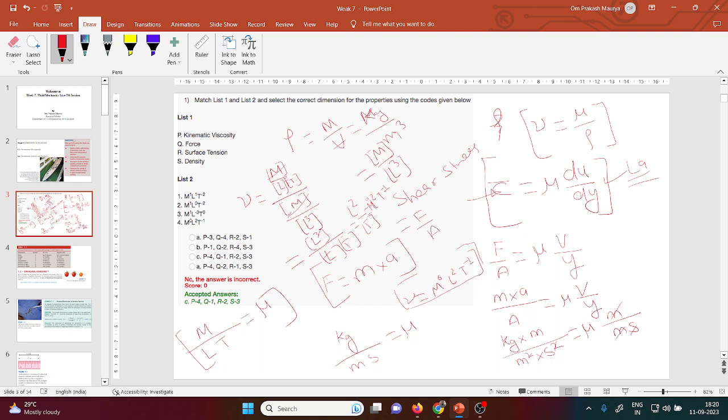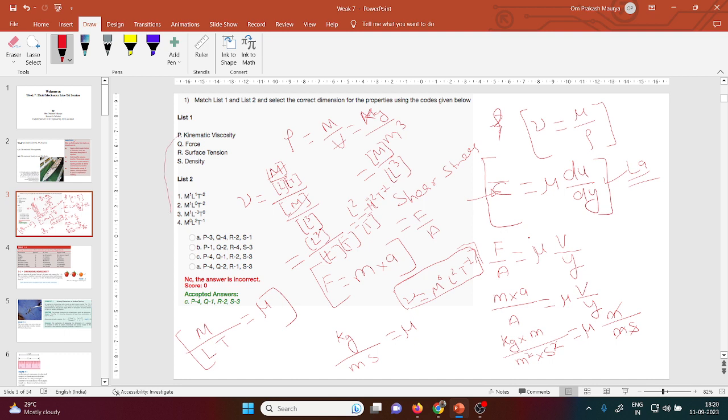Using this concept, we will calculate the dimensional analysis, and this will help a lot in practical experiments, basically in finding the dimensionless numbers. We'll see in the coming slides. So that is M0 L square T minus 1, that is the option for kinematic viscosity.